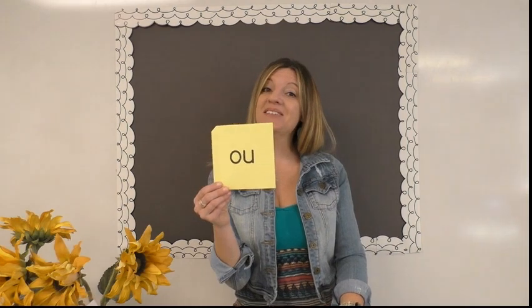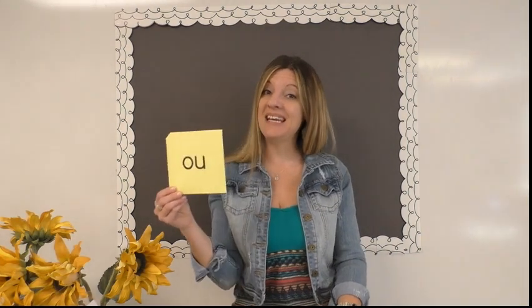OU spells ow at the beginning or the middle of a syllable. OW spells ow at the end or followed by an N or L. Pretty interesting, right?